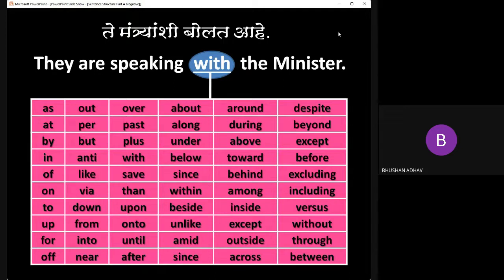As add, by, in, off, on, to, up, for, out, per, but, anti, like, via, down, from, into, near, over, past, plus, with, save, than, upon, until, after, about, along, under, below, since, within, beside, unlike, amid, around, during, above, towards, behind, among, inside, except, outside, across, despite, beyond, before, excluding, including, versus, without, through, and then between.